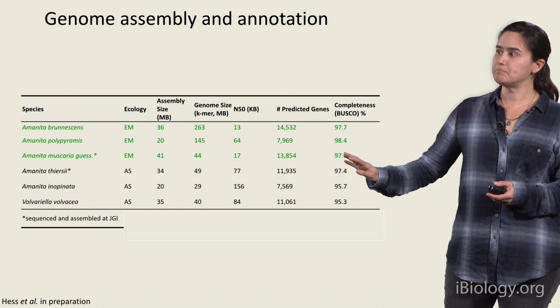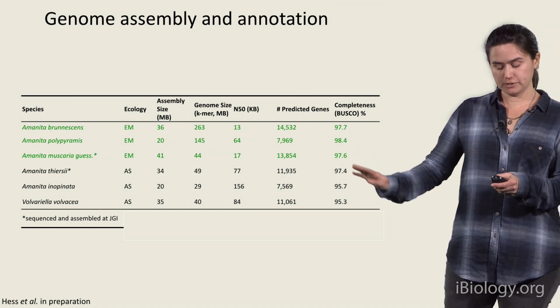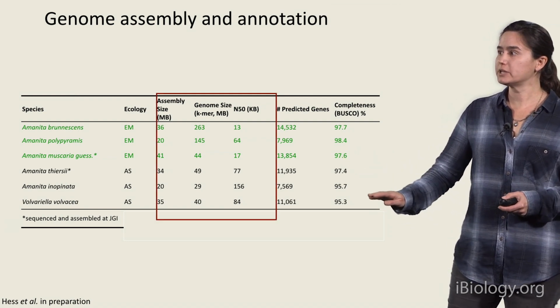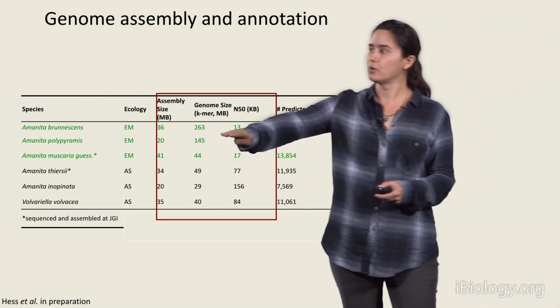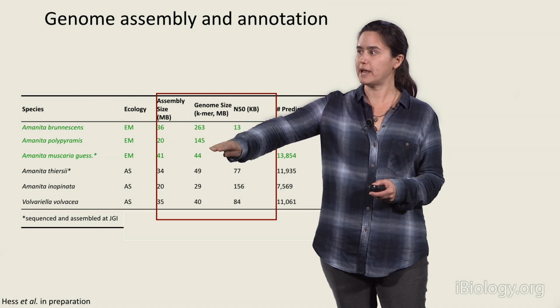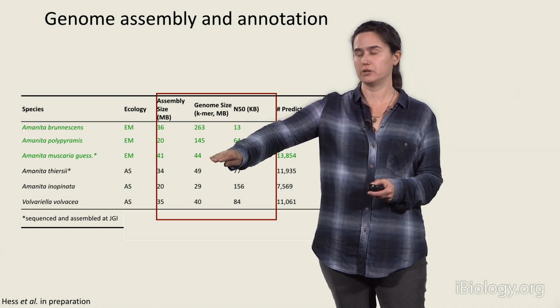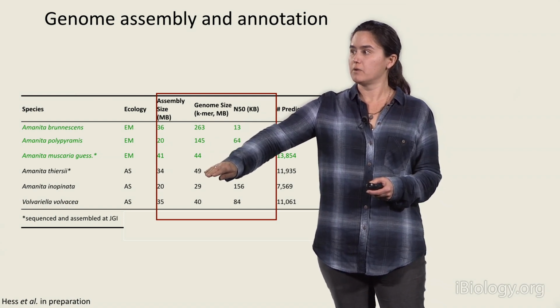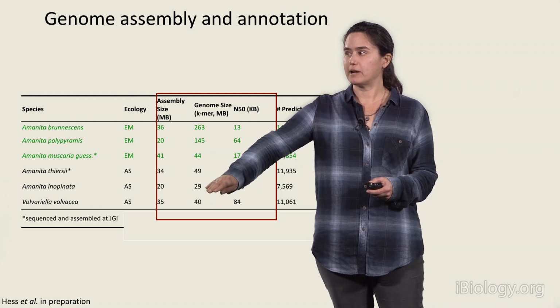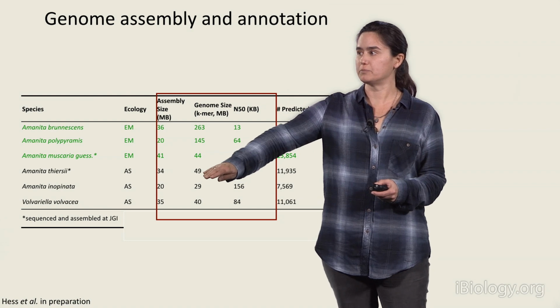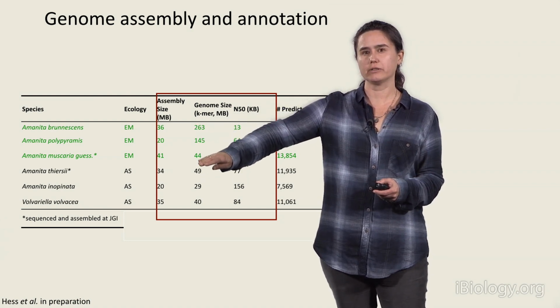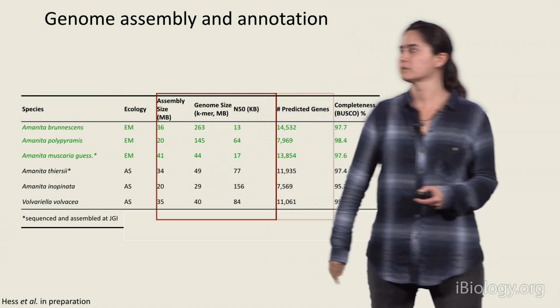So these are just some basic genome statistics. And what you can see right away is that there are 2 ectomycorrhizal species with large genomes and one that does not have a large genome. By and large, the non-ectomycorrhizal species have smaller genomes, but there really isn't a clear pattern, 3 versus 3.